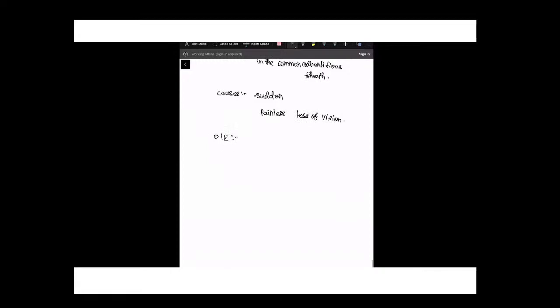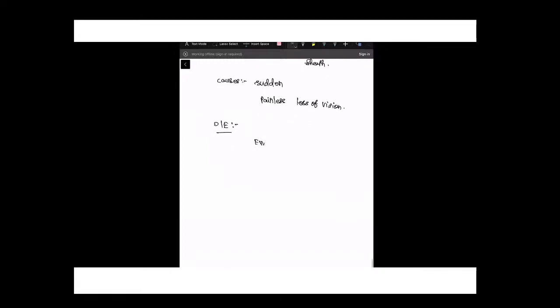On examination, the entire retina is full of flame-shaped hemorrhages.